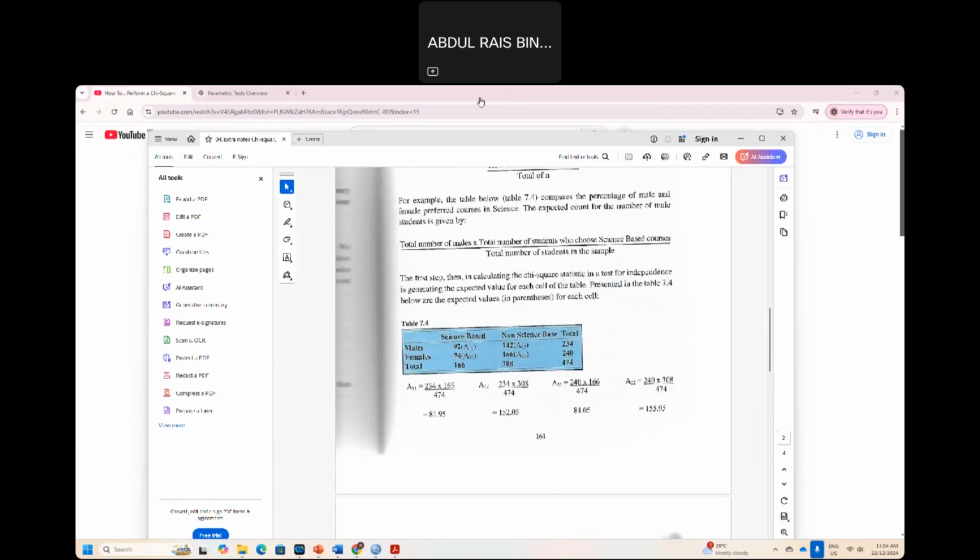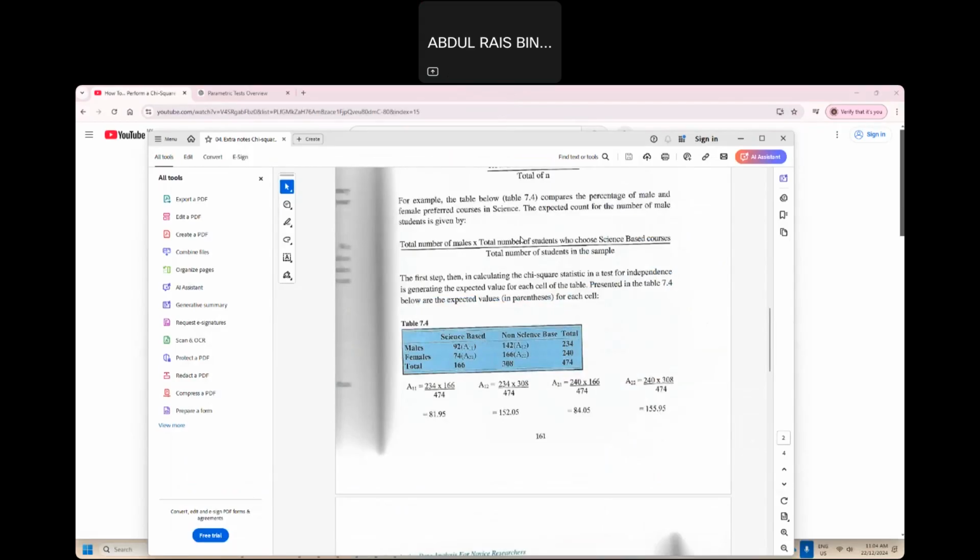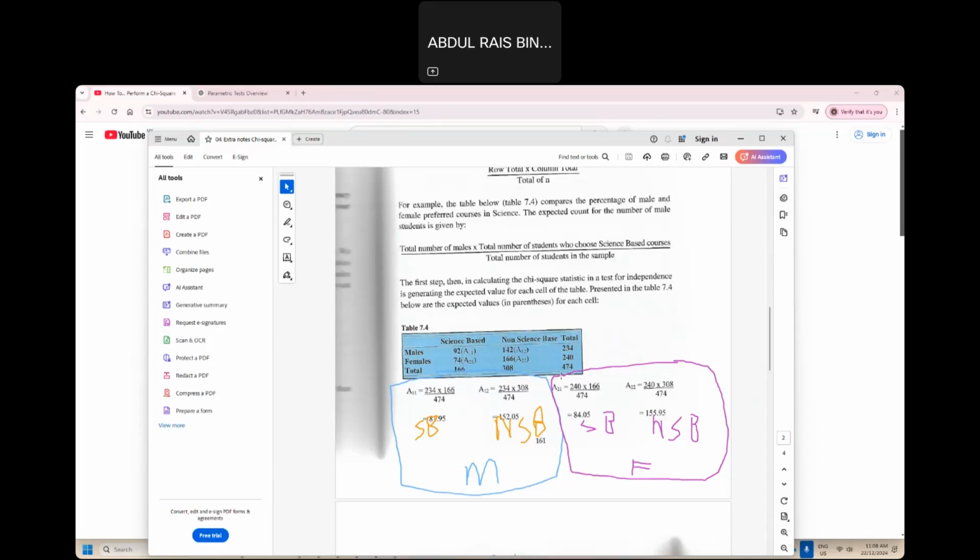Okay, saya cuba annotate sikit. Okay, perhatikan annotation yang saya buat kat sini.